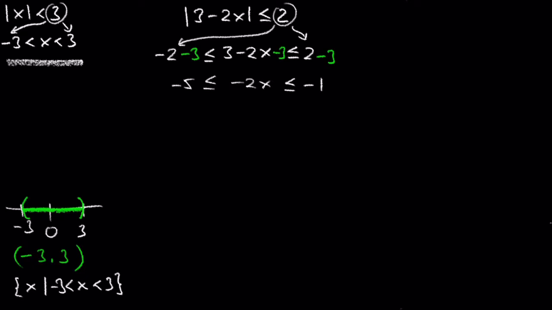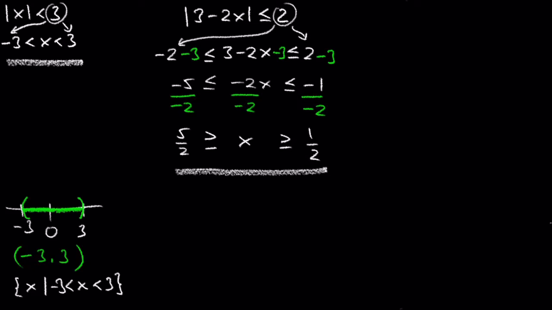Dividing all terms by -2 leads us to 5/2 is greater than or equal to x is greater than or equal to 1/2. Remember that dividing inequalities with a negative number flips the sign.